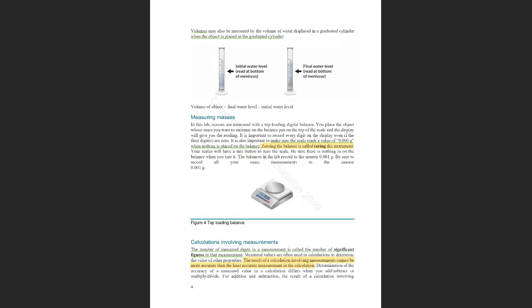And here they are telling that if I have to read a volume, of course, I can just pour the liquid and look at the scale and report the volume.